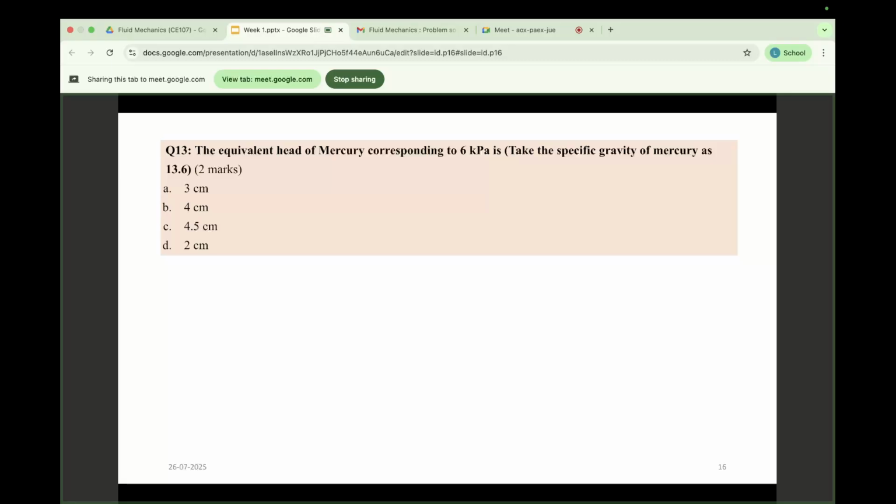So please try to solve. Please try to answer.